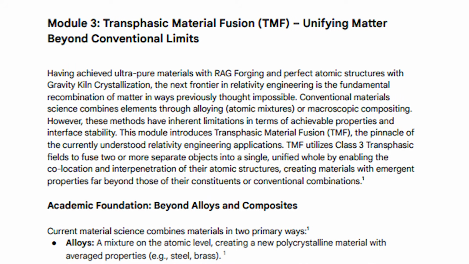Conventional materials science combines elements through alloying, atomic mixtures, or macroscopic compositing. However, these methods have inherent limitations in terms of achievable properties and interface stability. This module introduces transphasic material fusion, TMF, the pinnacle of the currently understood relativity engineering applications.